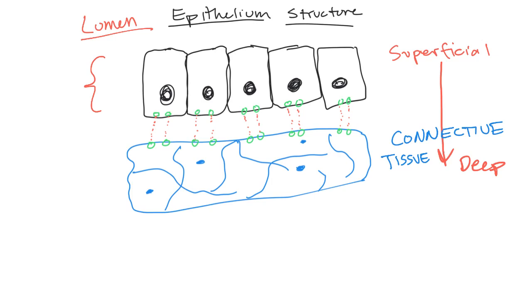All right, and I just do a random one. This is probably, I don't know, some areolar tissue, okay? But you may have an adipose tissue there. You may have blood vessels with blood in there or bone. But you're going to have some form of connective tissue underneath the epithelium.